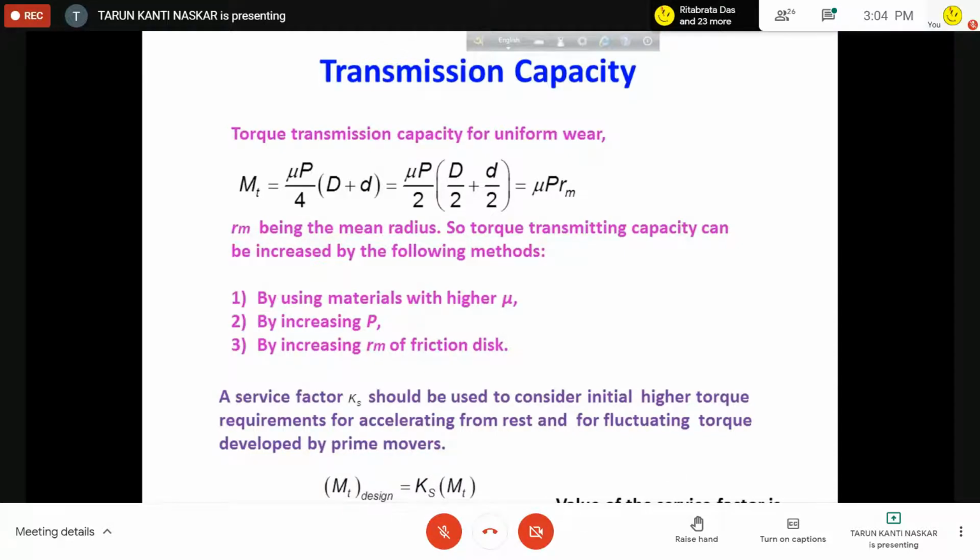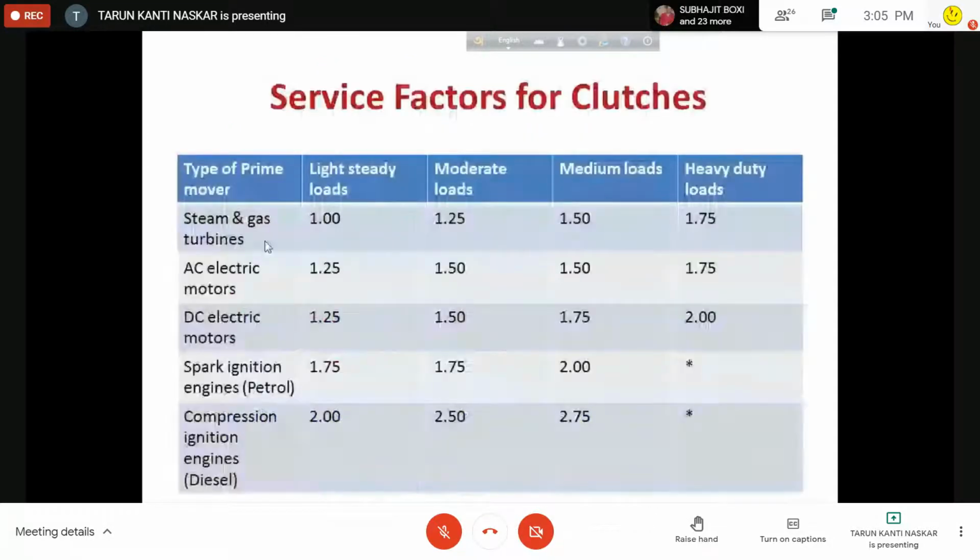Now the service factor is recommended by manufacturers, and there is a table of service factors. Just try to get the point: type of prime mover, steam and gas turbine. That means this is the driver side, and on the other side there is the driven. If the driver is a steam or gas turbine, then for light and steady load the factor is 1, moderate load 1.25, medium load 1.5, heavy duty load 1.75.